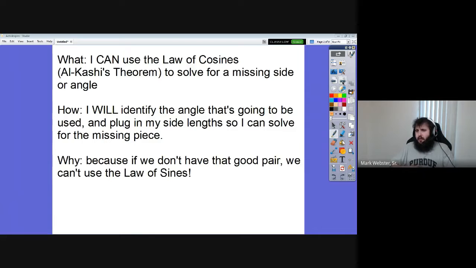To me, the easiest way to think about the law of cosines is with the Pythagorean theorem. We know what the Pythagorean theorem is. A squared plus b squared equals c squared. Now, that's only true for right triangles, right? But we talked before about how we can use the Pythagorean theorem to identify acute triangles or obtuse triangles.